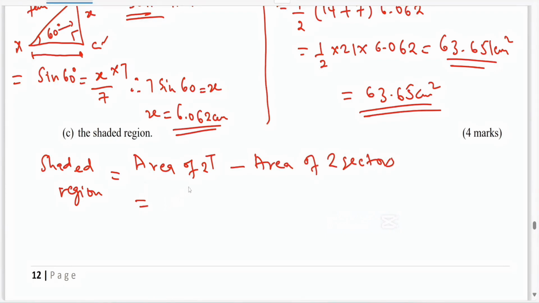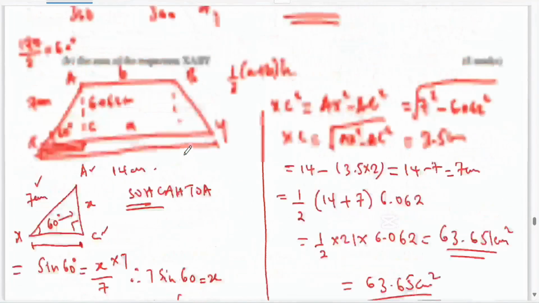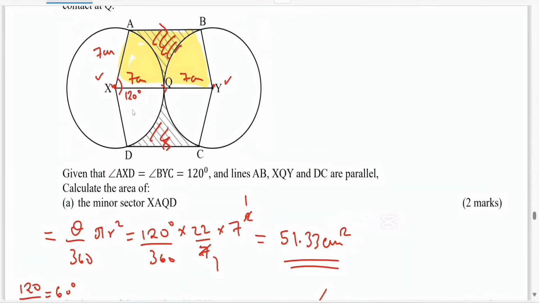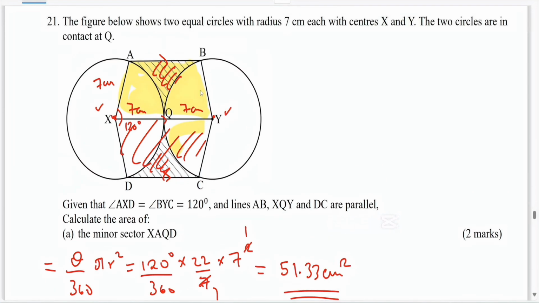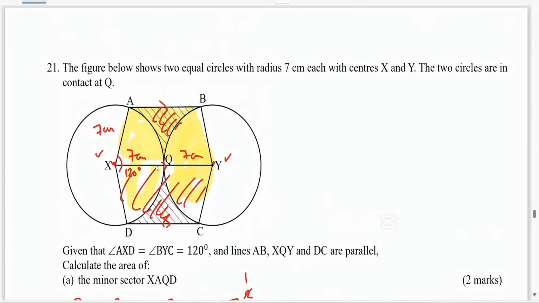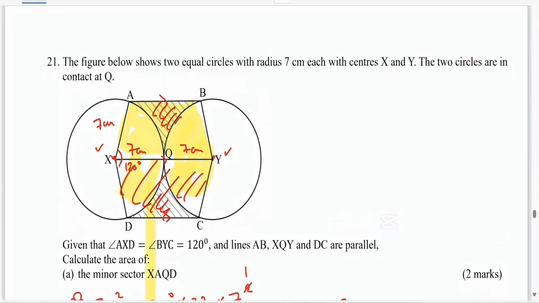So of two trapeziums itakuwa 63.65 times 2. Remember ukitafuta trapezium mbili itakuwa umepata ya juu na ya chini. So this one. Alafu ukisubtract na hii hapa pia of the two sectors ya hii na ya hii itakupa ile ya shaded region. So I think tumeelewana.